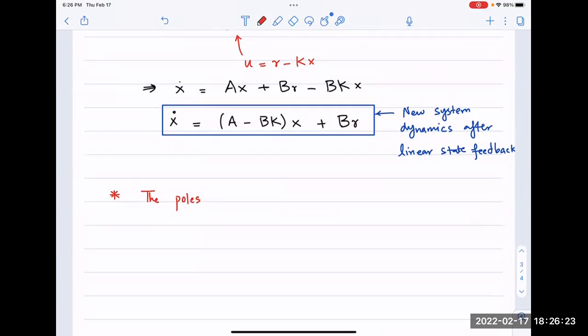So the poles of the feedback system are actually the eigenvalues of A minus BK.